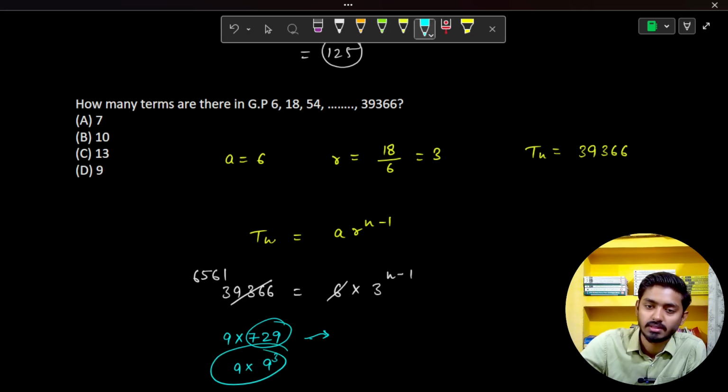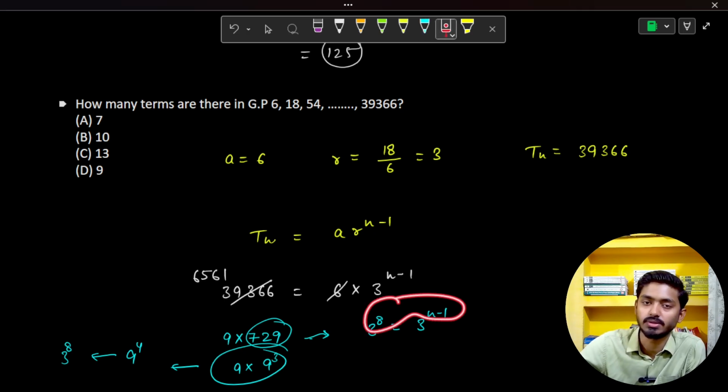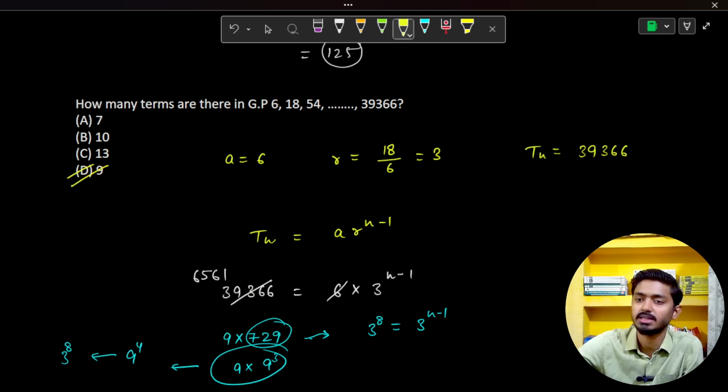That would be 9 to the power 4, that would make it 3 to the power 8. So we can write this as 3 to the power 8 equals 3 to the power n minus 1. If we compare the exponents, we get n equals 9, which is option D. Simple as that.